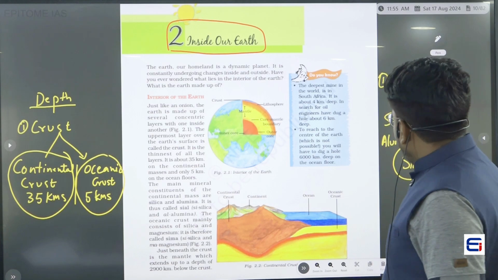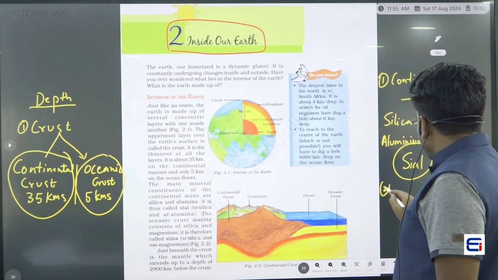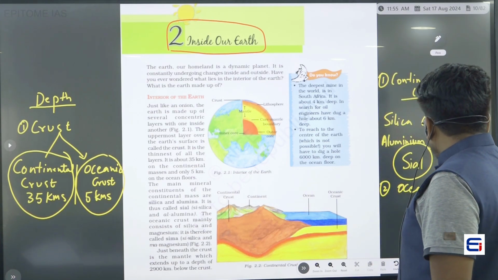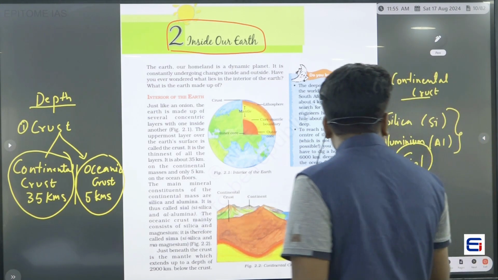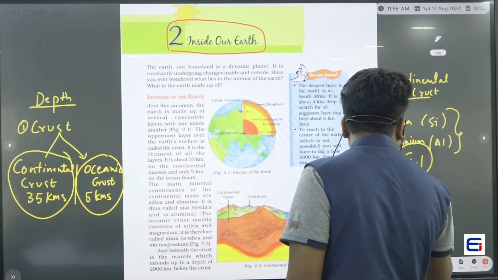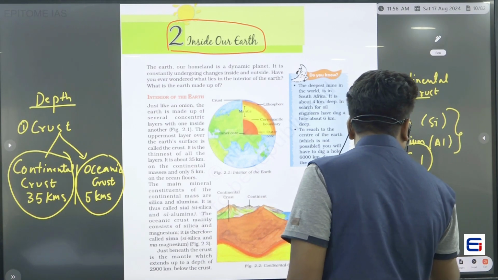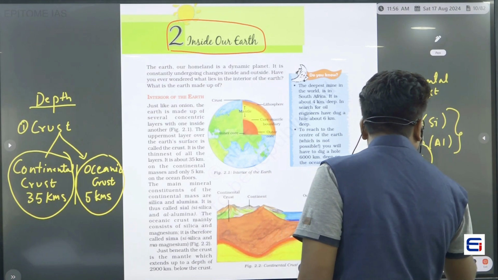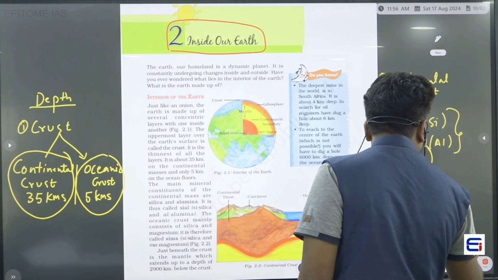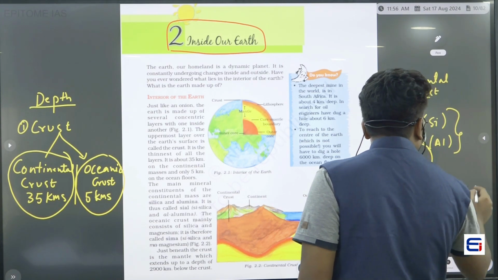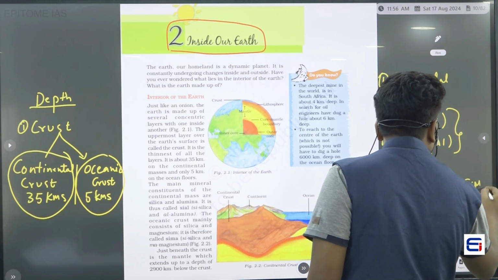And if you see the oceanic crust, in oceanic crust you will find a majority of silica and magnesium. Silica is represented as Si, magnesium is represented as Ma. So we can call this oceanic crust as SiMa.